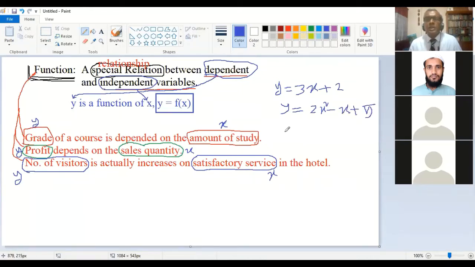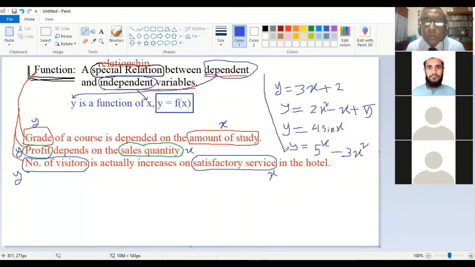And you can write y equal to 4 sine x, possible. You can write y equal to 5 to the power x minus 3x squared plus 17, possible. Many different types of examples may be possible. Do you understand up to this?